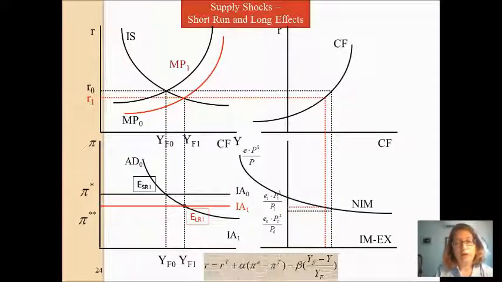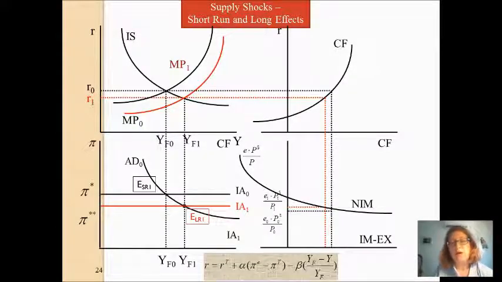So that's a lower interest rate and lower import minus export and higher real exchange rate. So that's a situation where Y full changes. That's the only thing that changes in the short run. Then there's a response of inflation and a response of monetary policy in the long run.